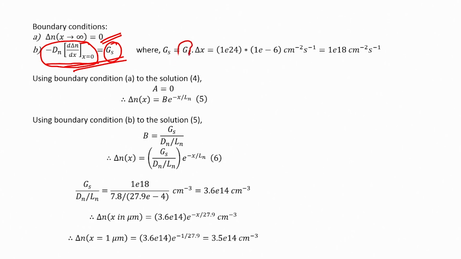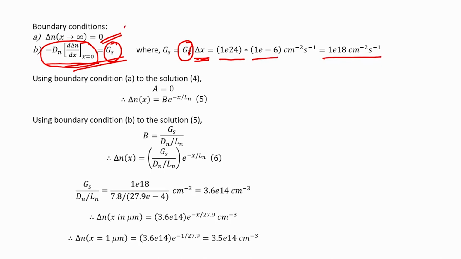So, basically you have to multiply the volume generation rate with the thickness of that thin layer in order to find the number of charge carriers getting generated per unit area inside that thin semiconductor layer. You just plug in those numbers and Gs will come as this.